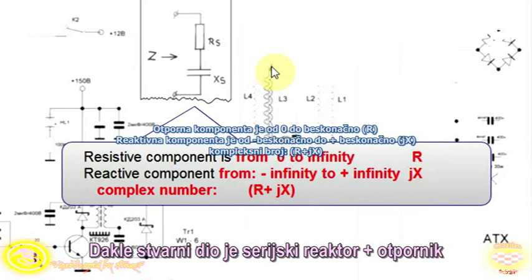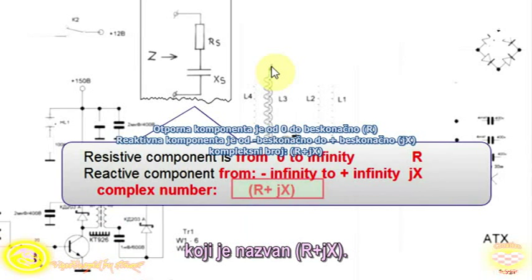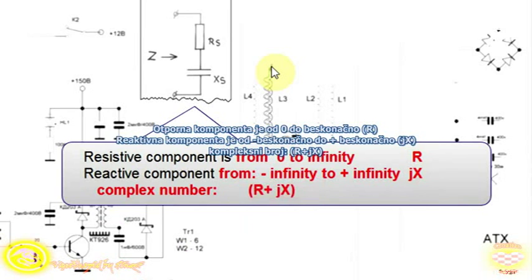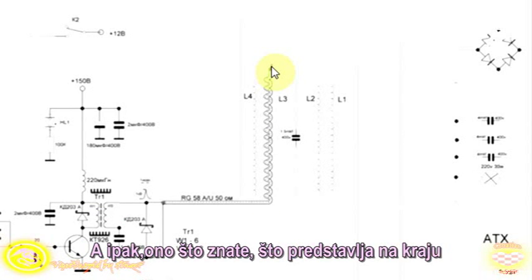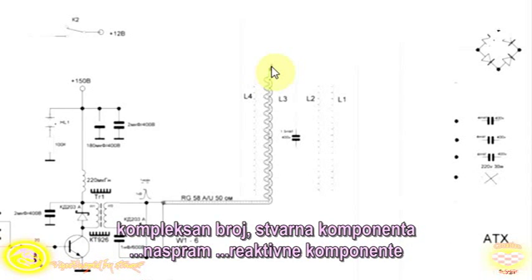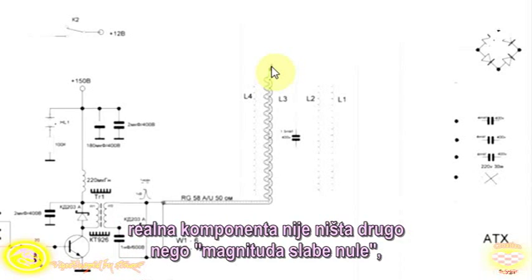So the real impedance, if it's a series reactor plus resistor, is called R plus JX. And if you put the two in parallel, there's a similar formula where you do it in conductance instead of resistance.